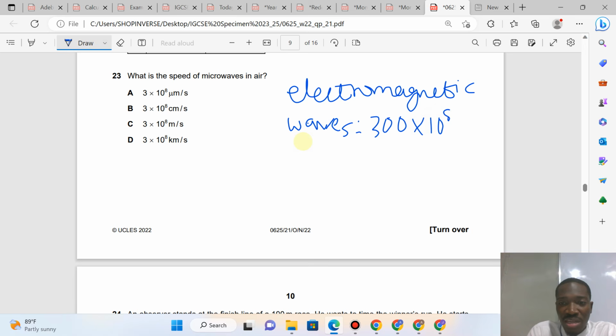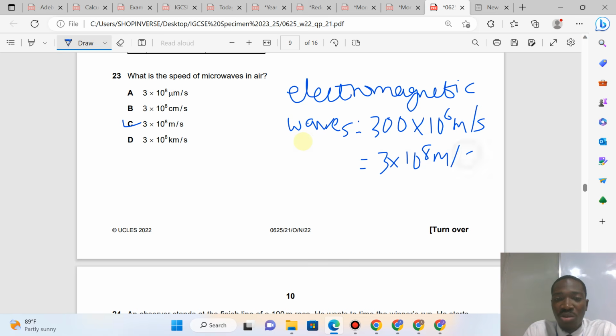Sorry, not 300 times 10 to the power 8. 300 times 10 to the power 6 meters per second, or you call it 3 times 10 to the power 8 meters per second, which is option C.